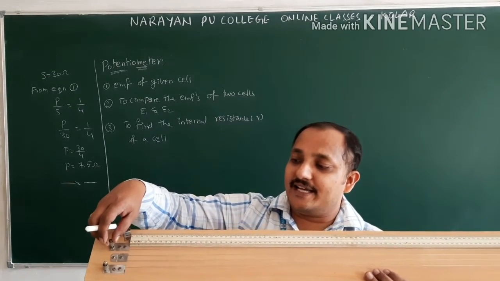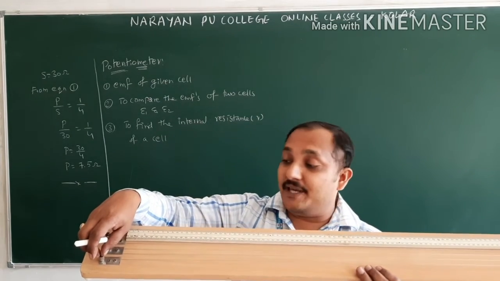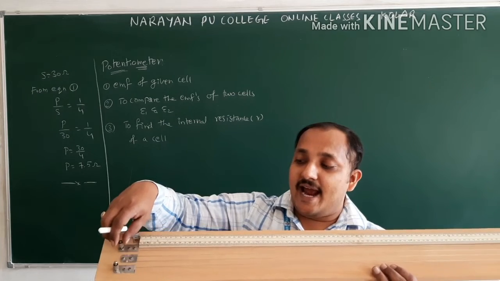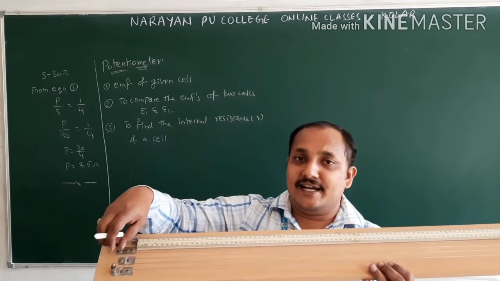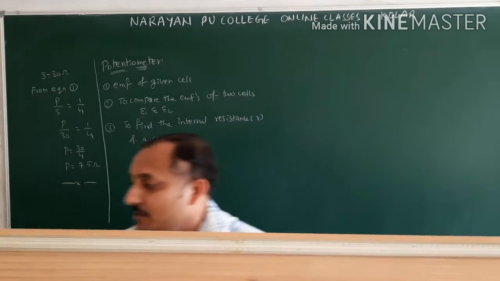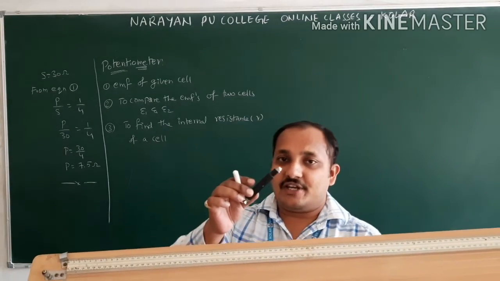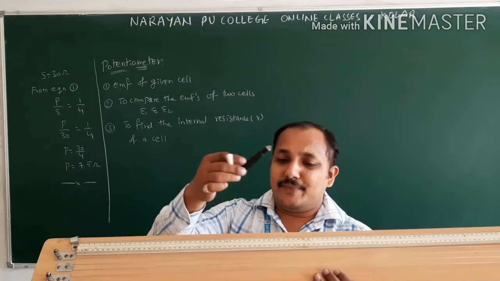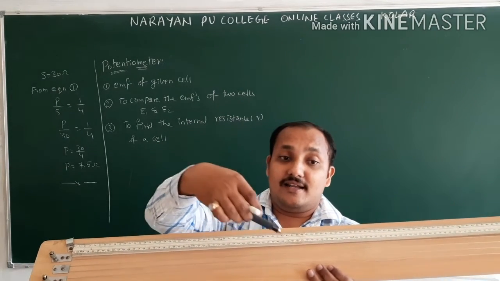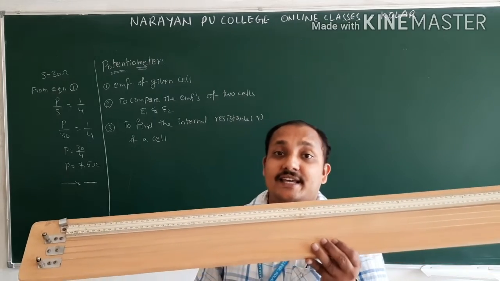These are nothing but 2 ends. This one we will call A, another one we will call B, otherwise P, Q. Between these 2 ends we will connect a battery to provide the current flowing through this potentiometer wire, and this is the jockey we are going to use. In the meter bridge also we said move the jockey on the wire until you get the null deflection in the galvanometer.